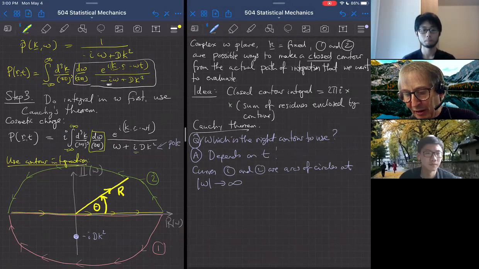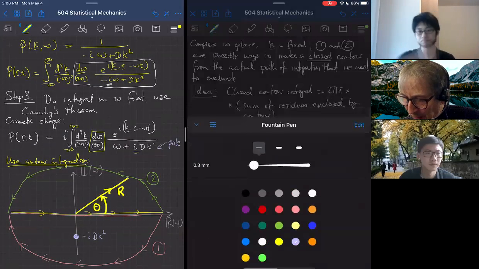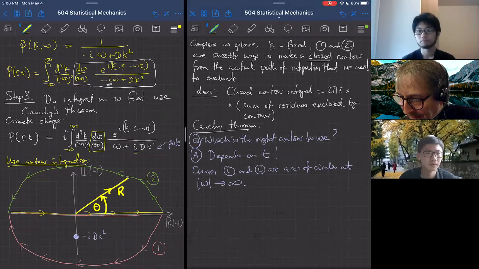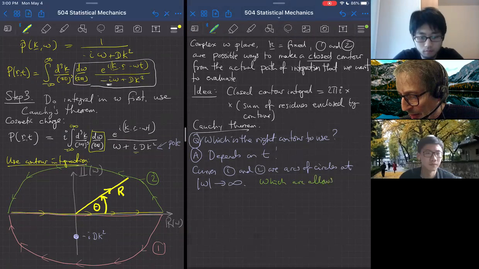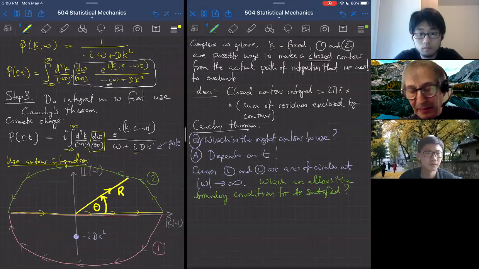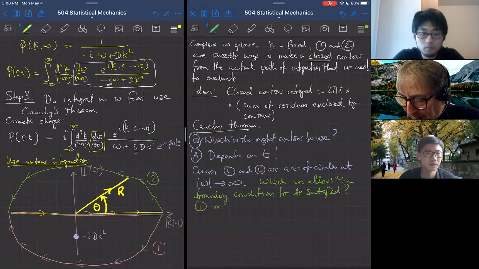So that's our picture of how we go round that contour integral. So the curves are arcs of circles, and the way we're going to choose which arc we use is which arc allows the boundary conditions to be satisfied. And the answer is going to be either 1 or 2, depending on the time.